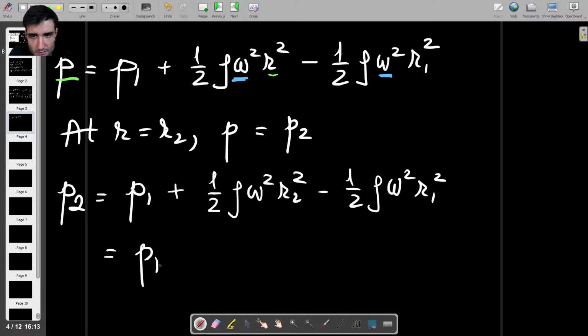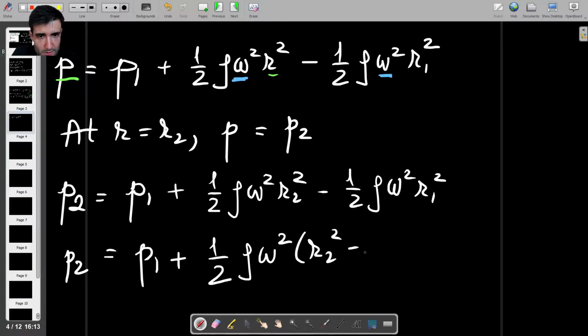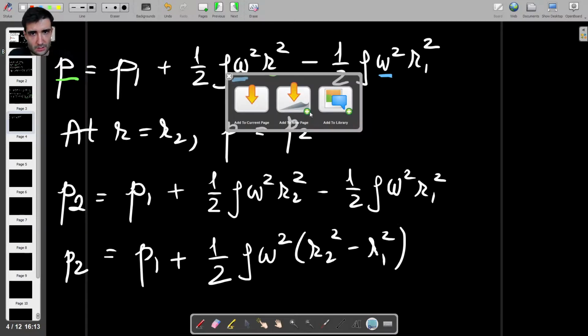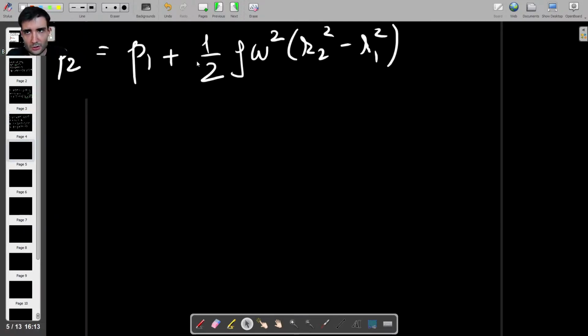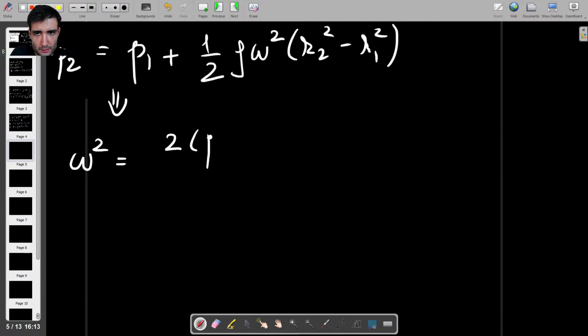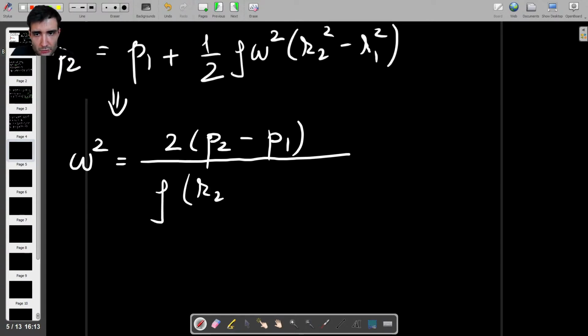So that is P1 plus, and we can actually factorize a few things. So I'll factorize 1/2 rho omega squared and then r2 squared minus r1 squared. And this should give us what omega squared is. So if we rearrange this slightly, we'll end up with omega squared equals 2 multiplied by P2 minus P1 divided by the water density times r2 squared minus r1 squared.